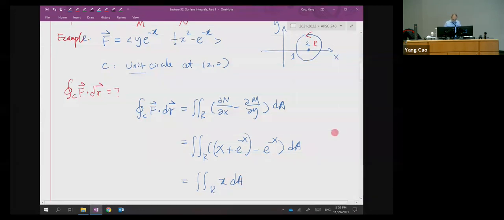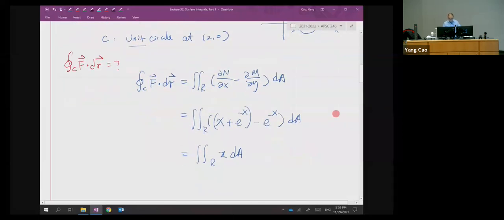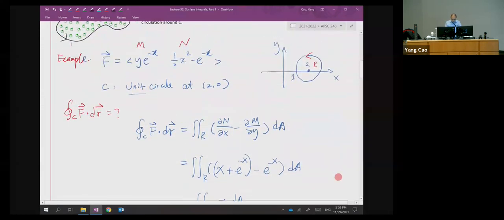Now from here, you have to make a decision: how do I compute this double integral? You have literally two different coordinate systems to use, Cartesian coordinates or polar coordinates. You look at this one, this is a circle, so chances are you should use polar coordinates.